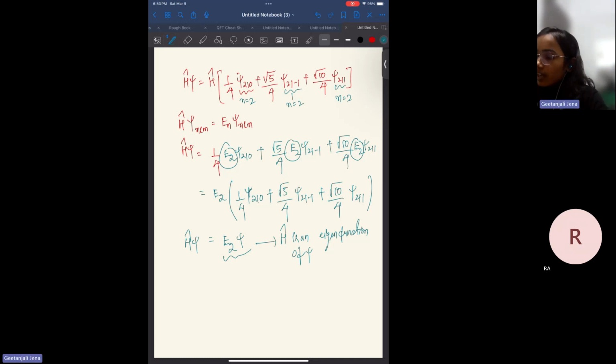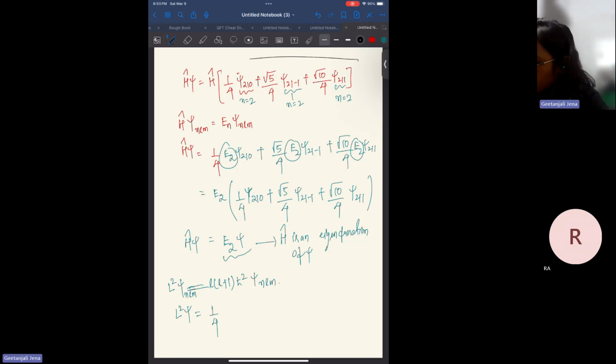Right? Similarly, for L squared, you know that when L squared acts on psi nlm, it will give l into l plus 1 h bar squared psi nlm. So what you have to do is act L squared on this superposed state.